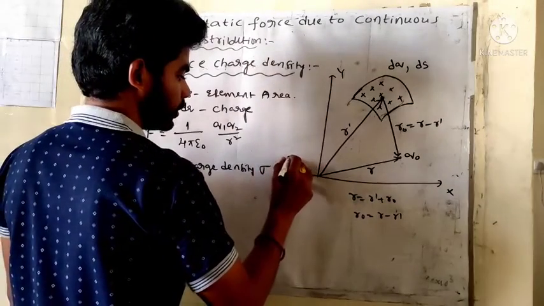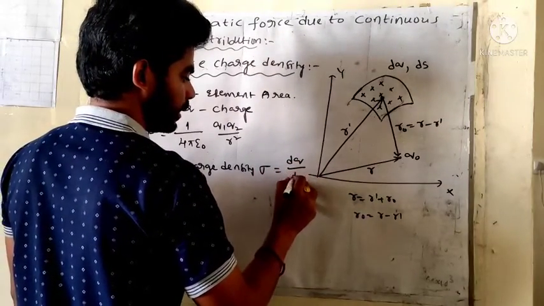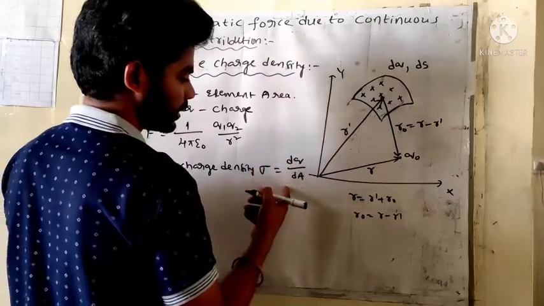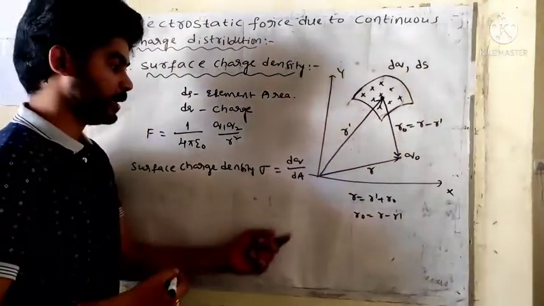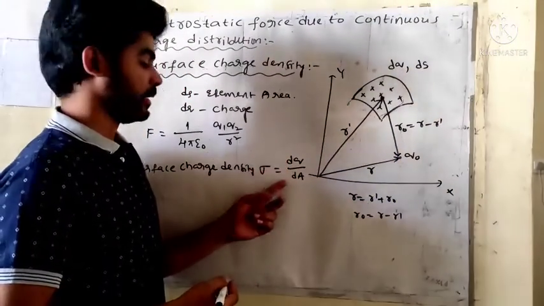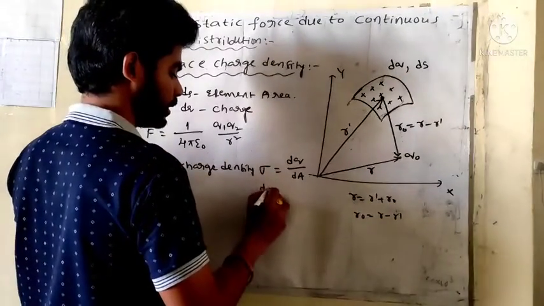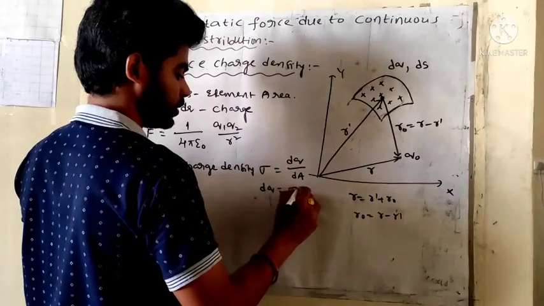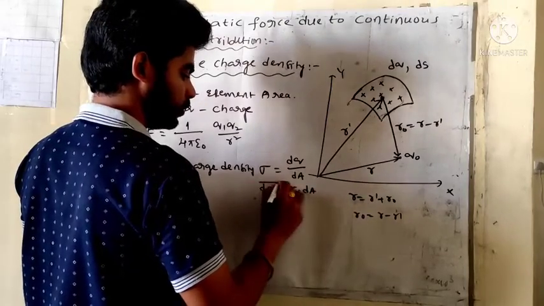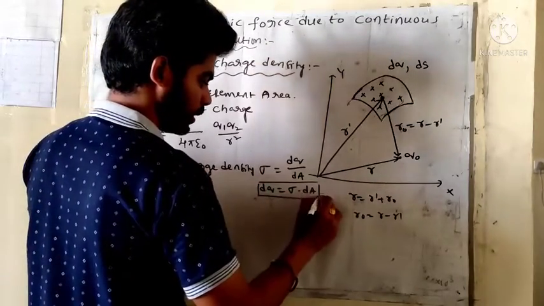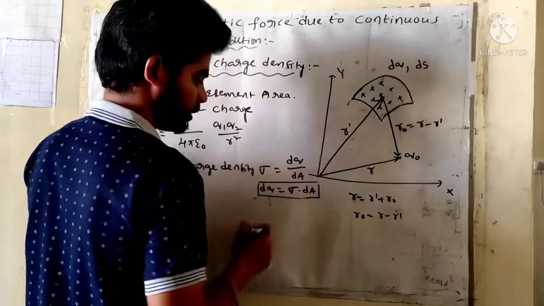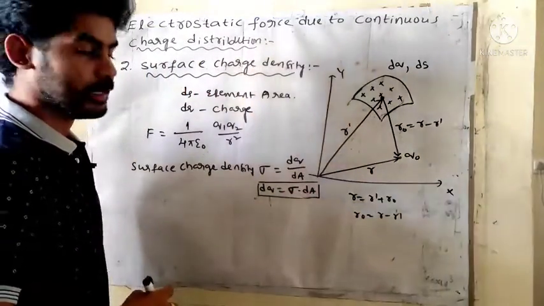Sigma is equal to dq by dA, the charge per unit area. So dq is equal to sigma into dA.